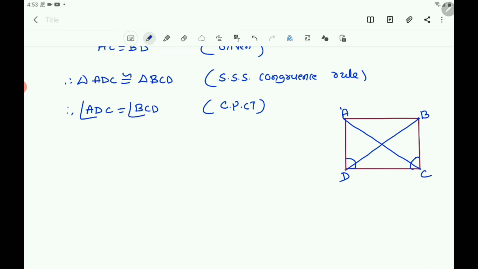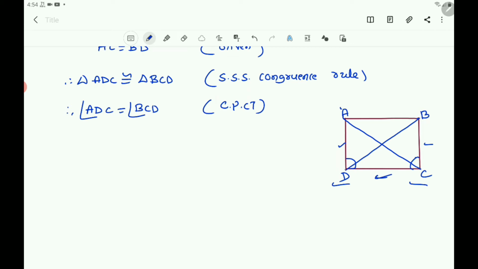And you know the property of parallelogram. Here angle ADC and angle BCD are the consecutive angles of the parallelogram. They must be supplementary. Their sum must be equal to 180 degrees. Or one more reason you can take here. Here you know that AD is parallel to BC and DC becomes the transversal of the parallel lines AD and BC, and the angles ADC and BCD are the interior angles on the same side of the transversal DC.